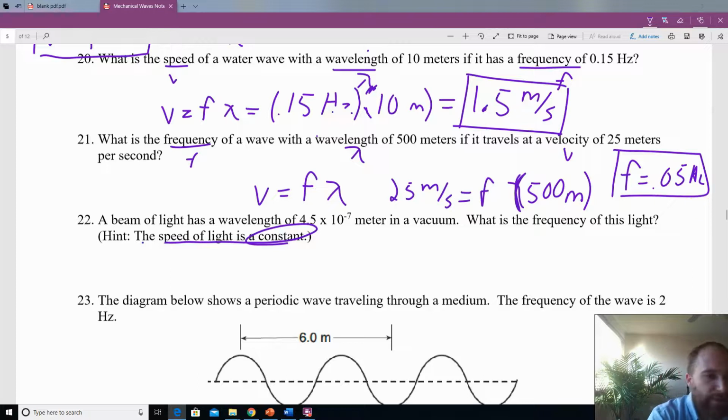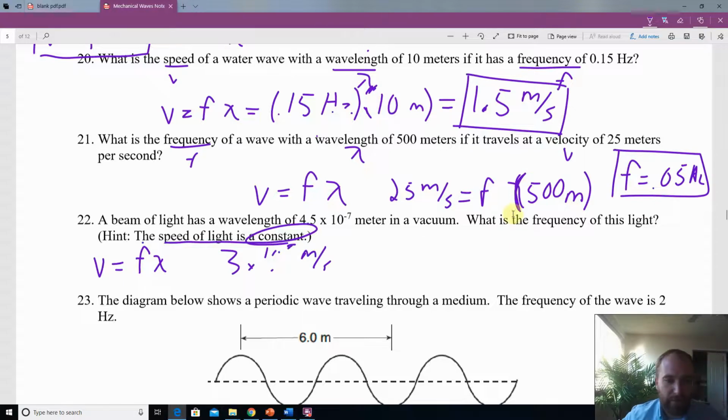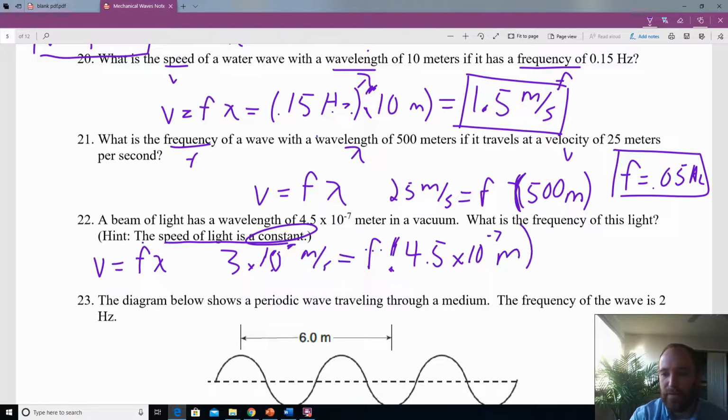So, we can use our V equals F lambda equation. V is 3 times 10 to the 8th meters per second. Equals F lambda. I think we're solving for the frequency of light. Light has high frequencies, so you might have gotten a big number for this, and that's okay. It also has very, very tiny wavelengths. 4.5 times 10 to the negative 7 meters.